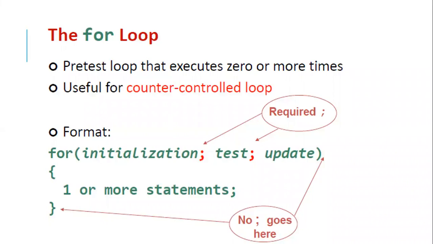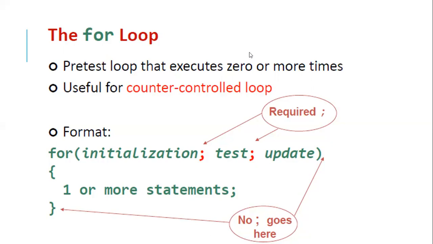Can anyone tell me what I mean by counter-controlled loop? I have told it in the last class. Maybe it has been more than 10 to 15 days, but you can answer, I guess. What is a counter-controlled loop? I have told you about the major two types of loops, right?